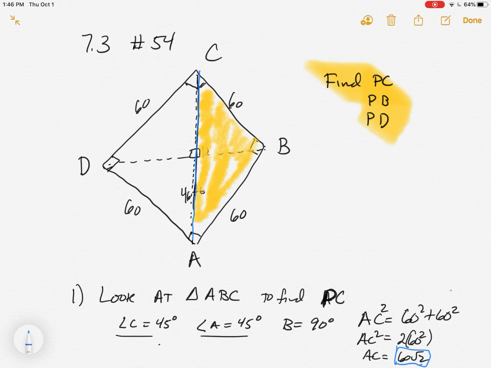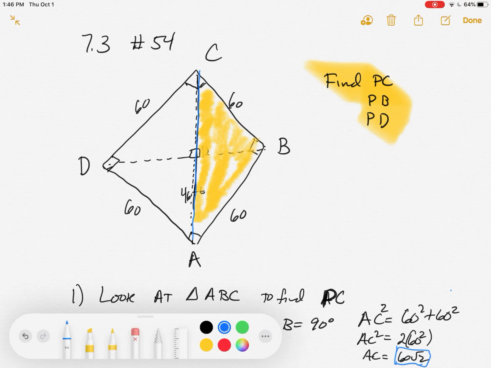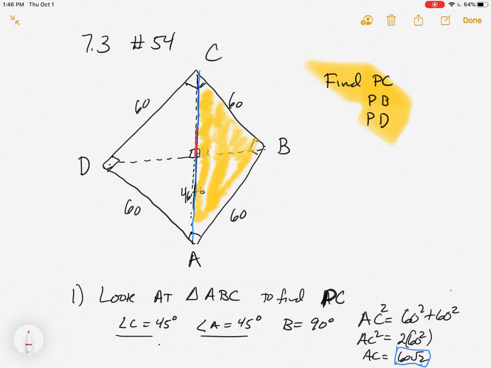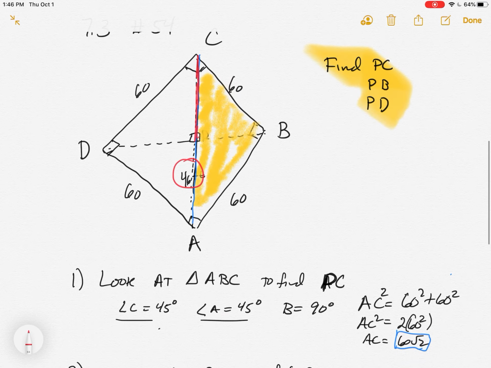Now remember what we want. We want the distance from the pitching mound out. We want just this distance right here. Easily found because they gave us this as 46. The answer for the distance from P to C, and one of the things that we want to find, is simply 60 root 2, that full distance, minus the 46 that has already been taken up.